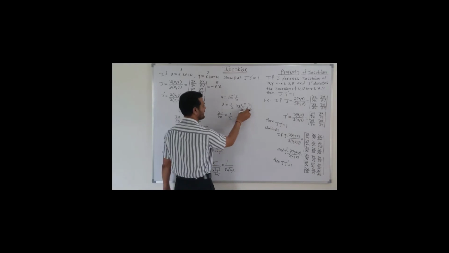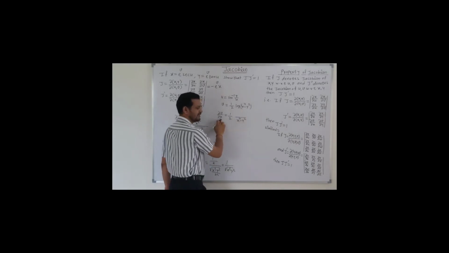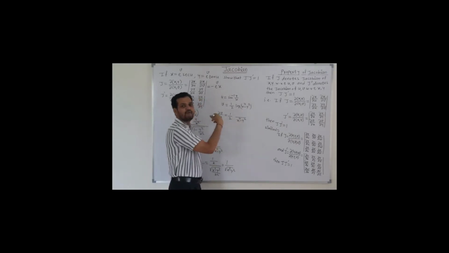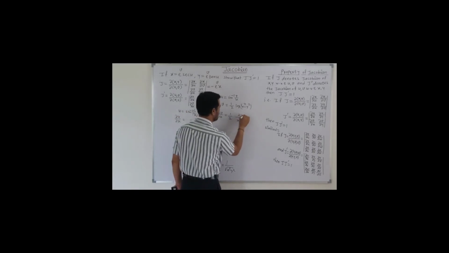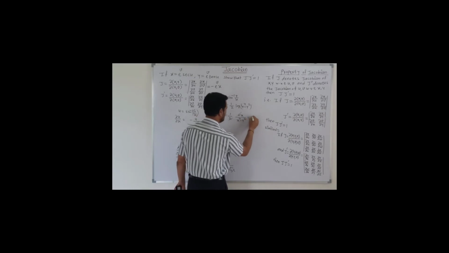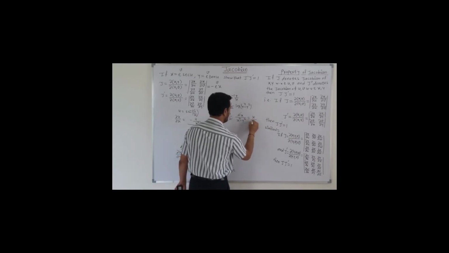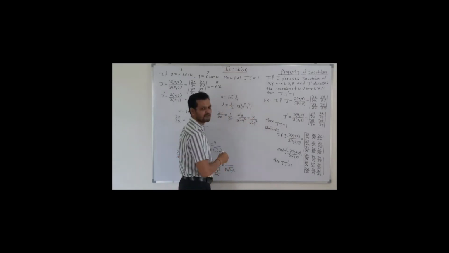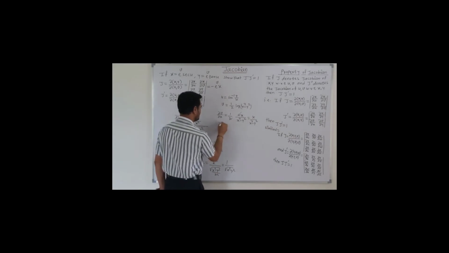So the derivative of x square minus y square with respect to x, keeping y constant, is 2x. This 2 gets cancelled, and we get x upon x square minus y square. Similarly, find out the partial derivative of v with respect to y.